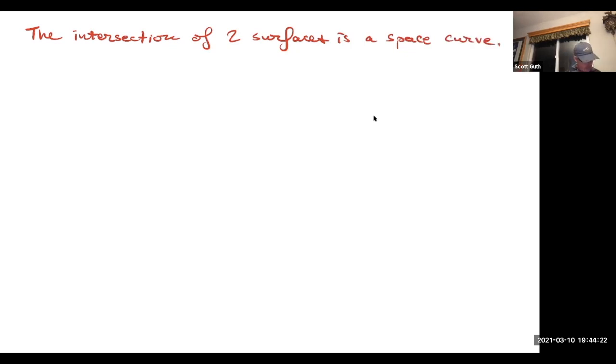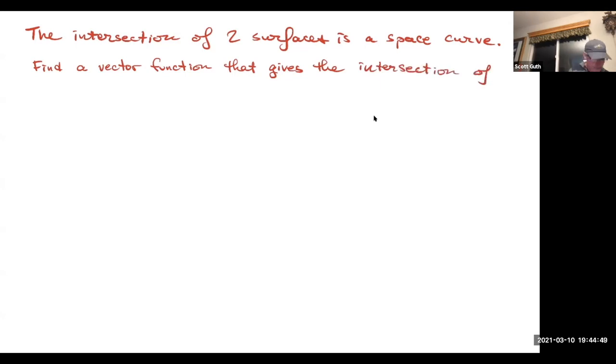Okay, so for example, we want to find a vector function that gives the intersection of z equals 4x squared plus y squared and y equals x squared.